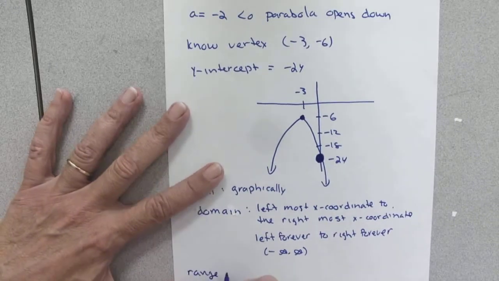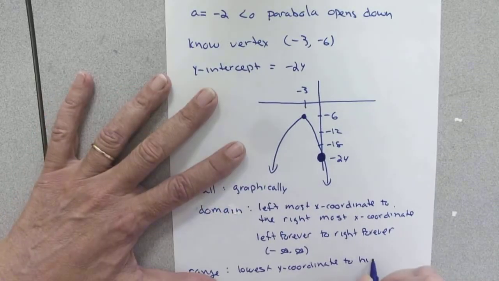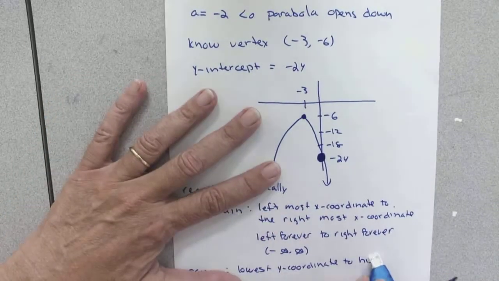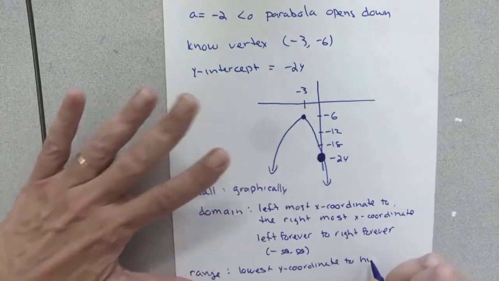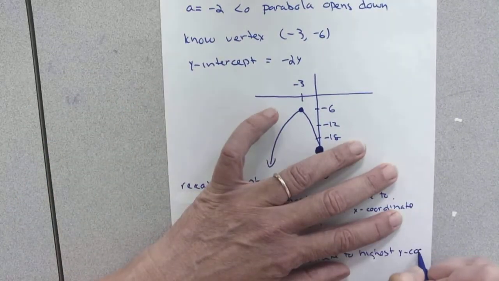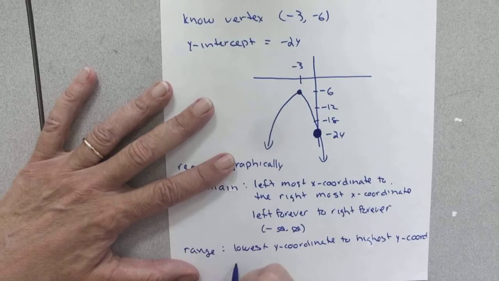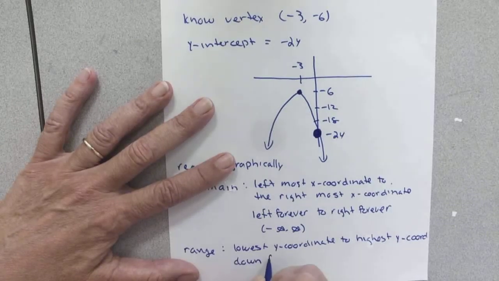Then range was lowest y-coordinate to the highest y-coordinate. CORD standing for coordinate because I ran out of room. Well, when I look at my graph here, both sides are going down forever.